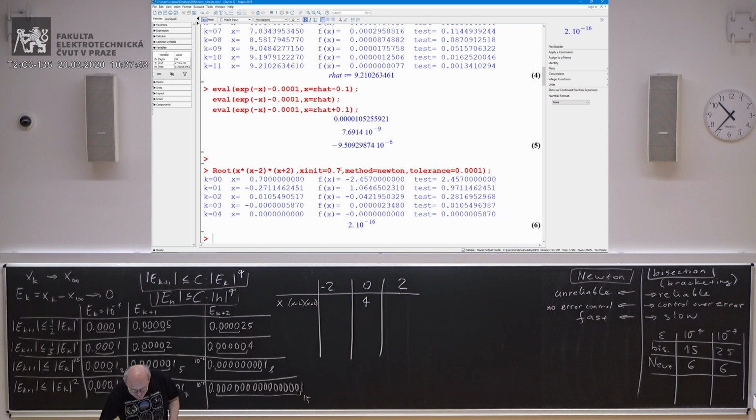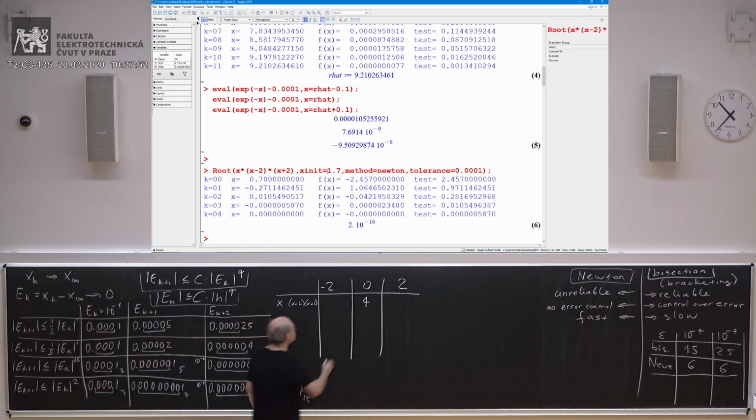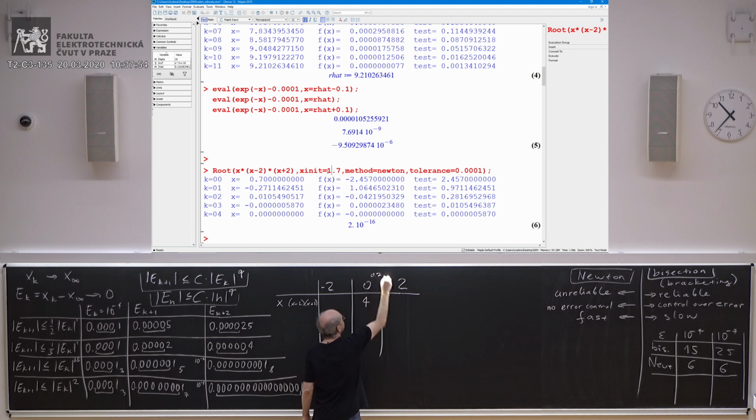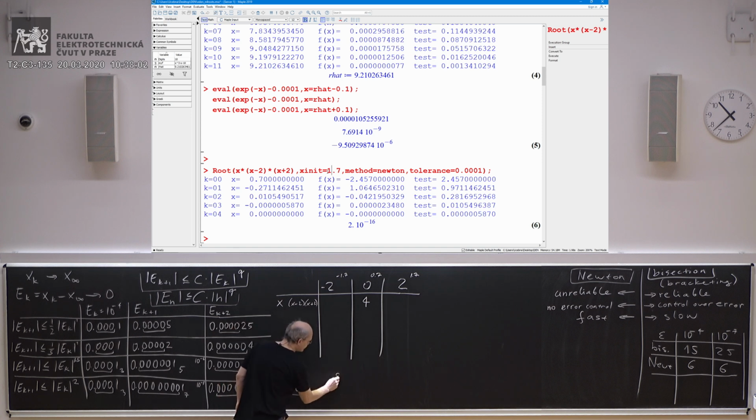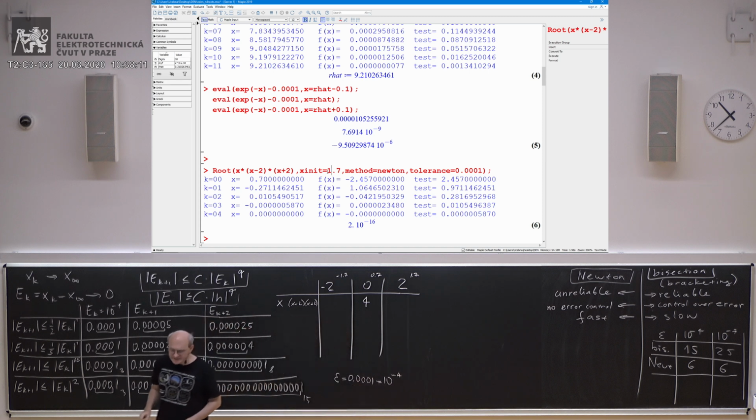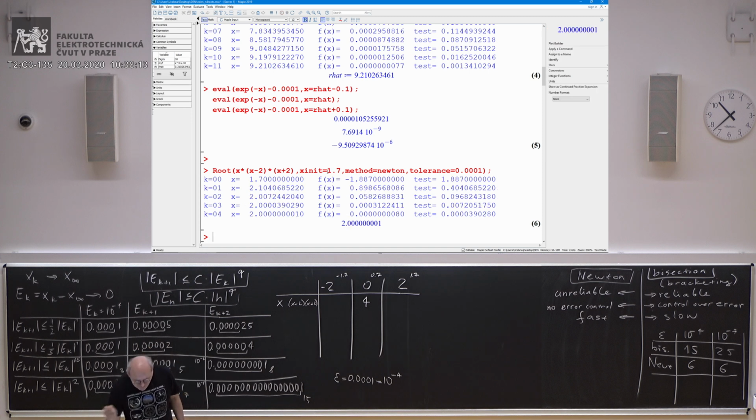Now let's see what happens if we start at 1.7. So perhaps I should make a note, because these are all important factors about the starting points and also about the tolerance. When we start at 1.7, we get to the root 2 again in 4 iterations.